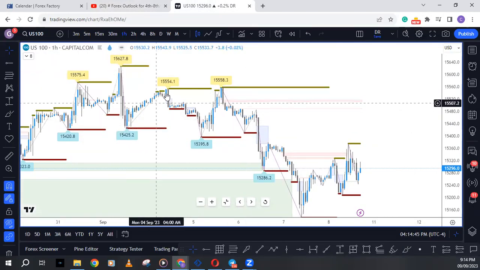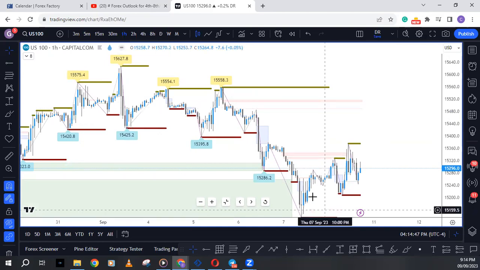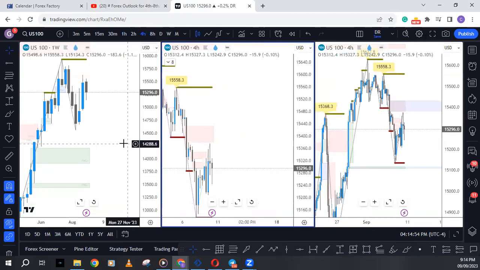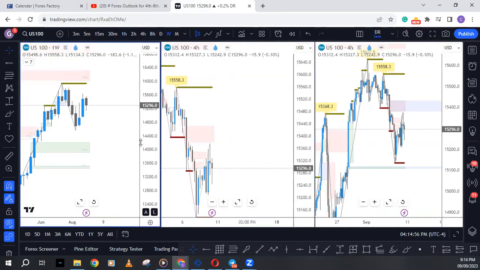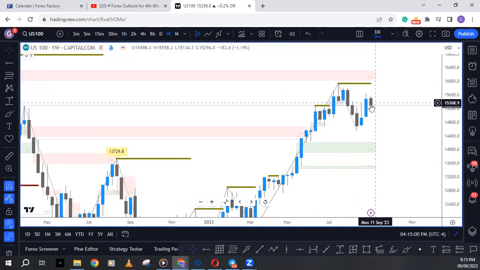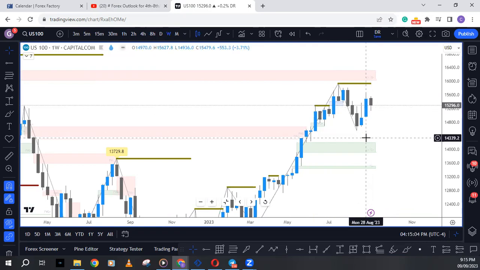And this was a retracement, and price has broken lower. If we go into this new week, we can clearly see that if we look at price on the weekly, we have a bearish setup here.